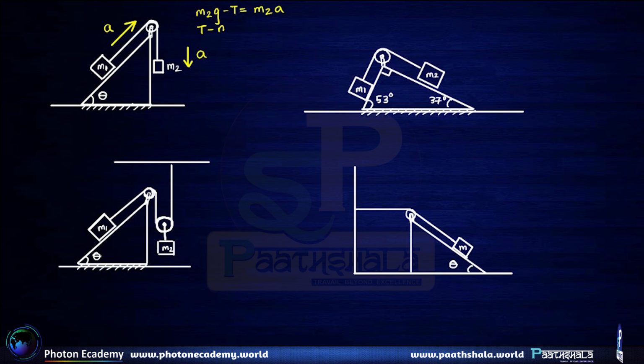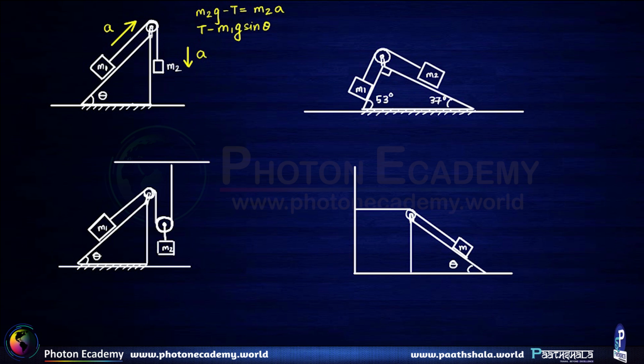T minus m1g sine theta, because m1g sine theta is the component of the force of gravity. The force of gravity is m1g in the downward direction, and its component along the plane happens to be m1g sine theta.